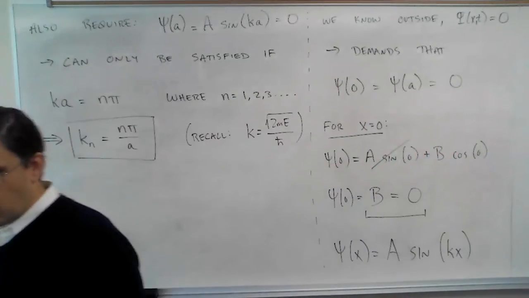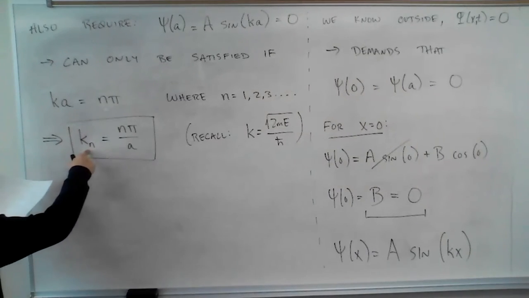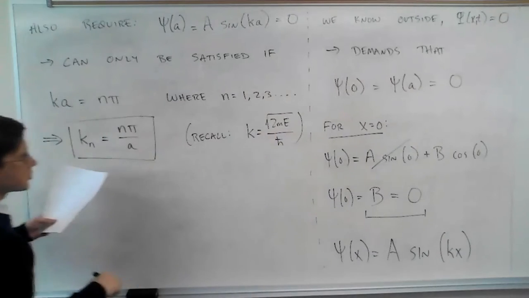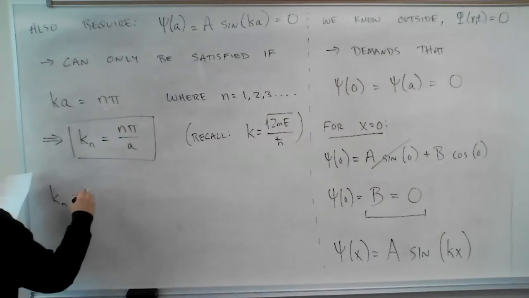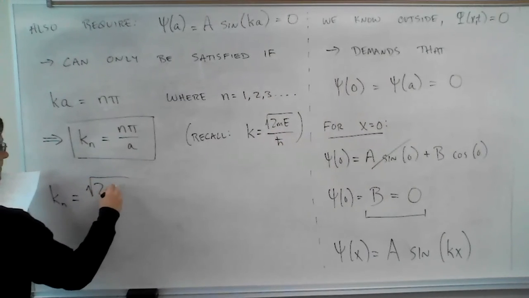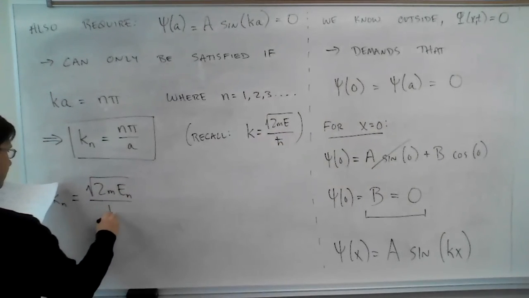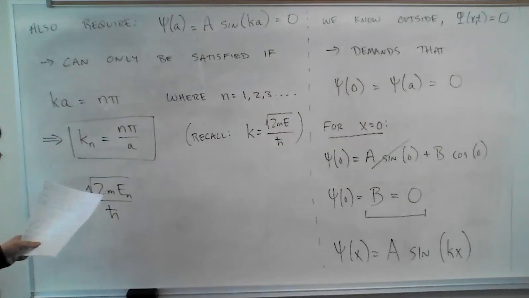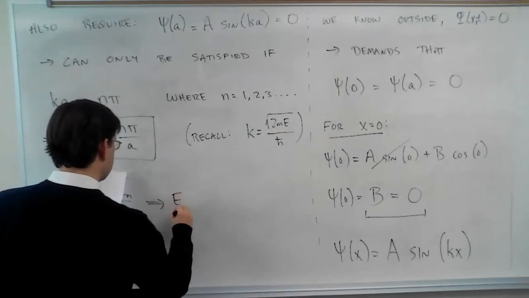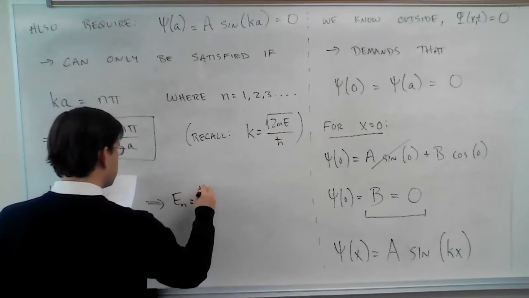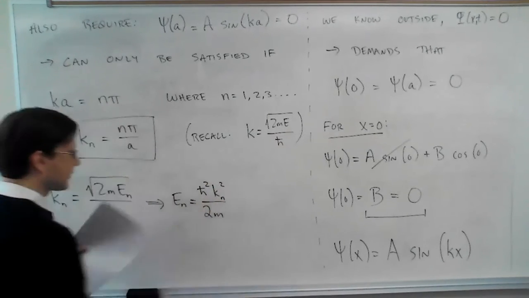All right, and so if we follow up that thought, if k sub n is a discrete set of numbers, and we say that k sub n is equal to square root of 2 times m times a discrete set of allowed energies, E sub n, over h bar, we can rearrange this to say that E sub n is equal to h bar squared, k sub n squared, over 2m.